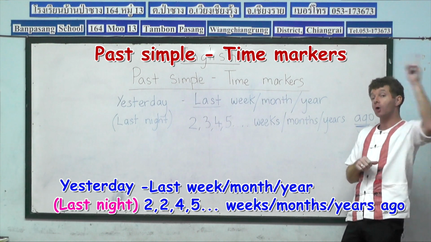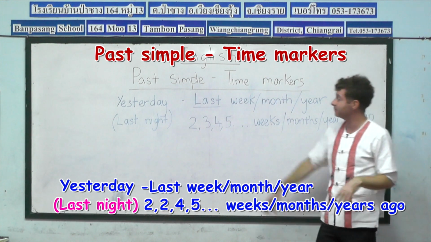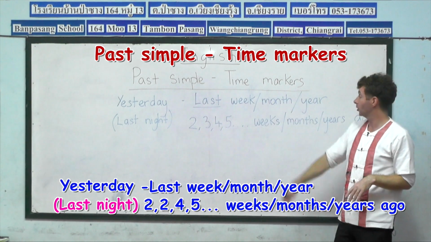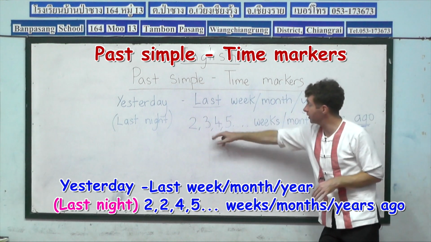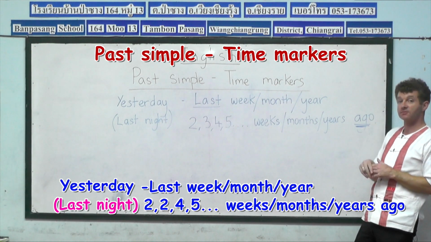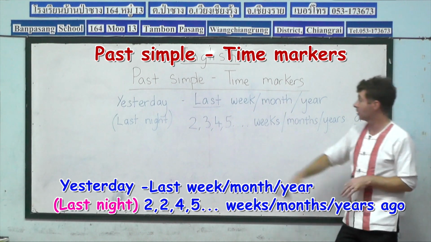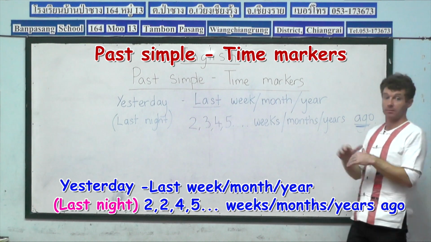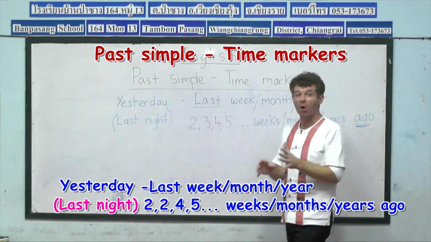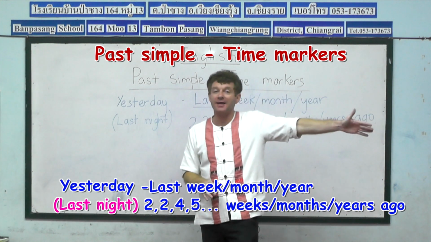But if we want to go even further back in time, 2 weeks ago. 3 months ago. 4 years ago. We can use ago to go right the way far back in time.